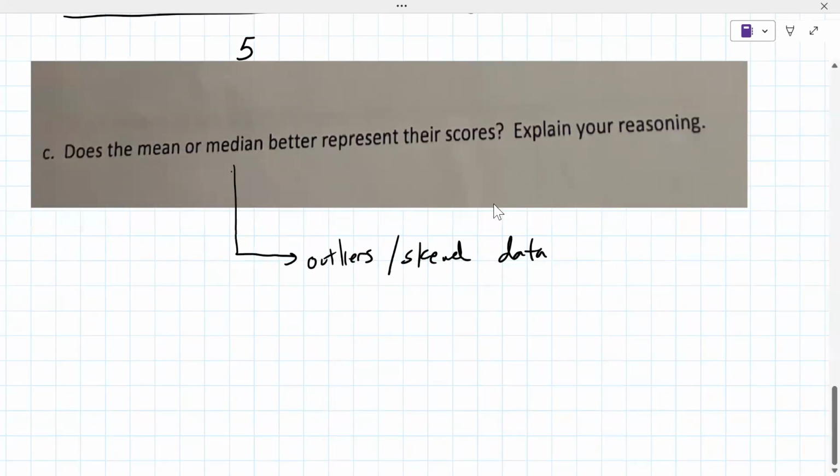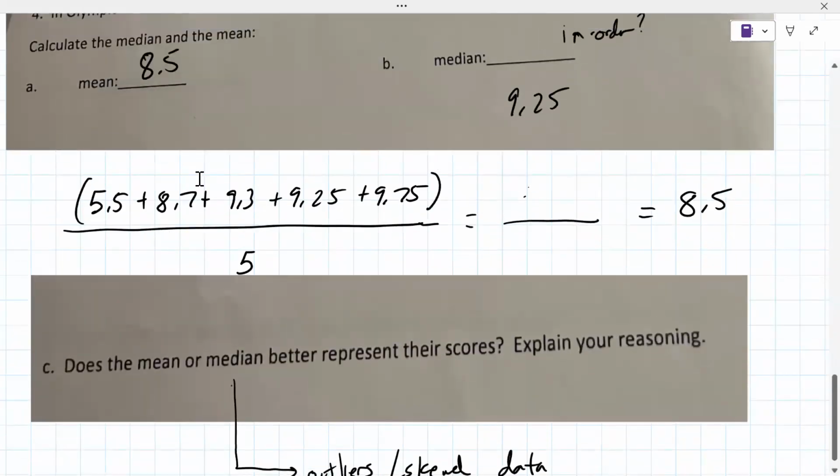Okay, so skewed data is when the data tends to be more to one side. Do you see how most of these numbers are away from the 5.5? Yeah, they are bigger than 5.5.